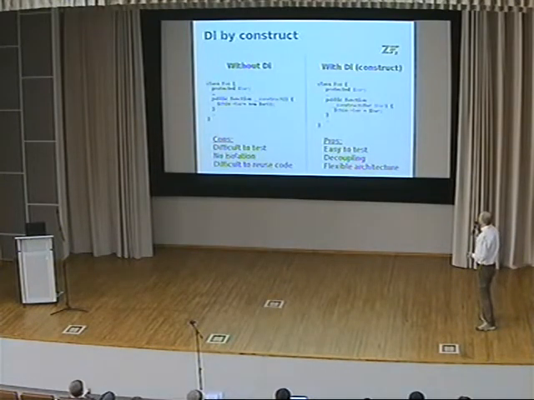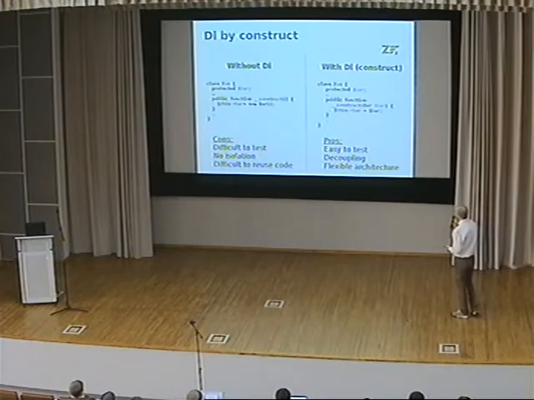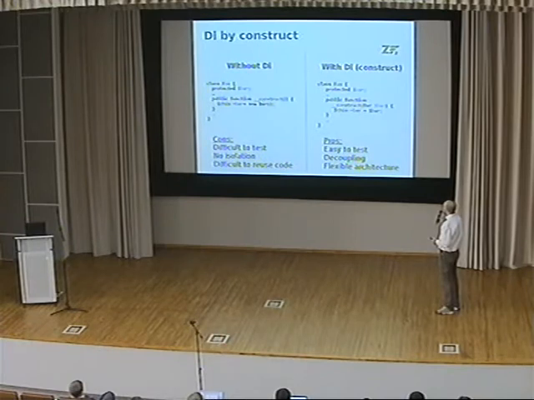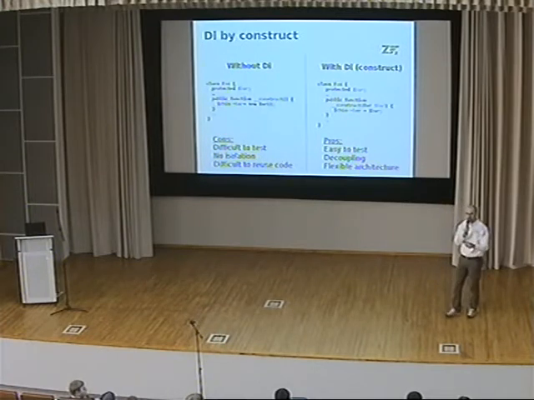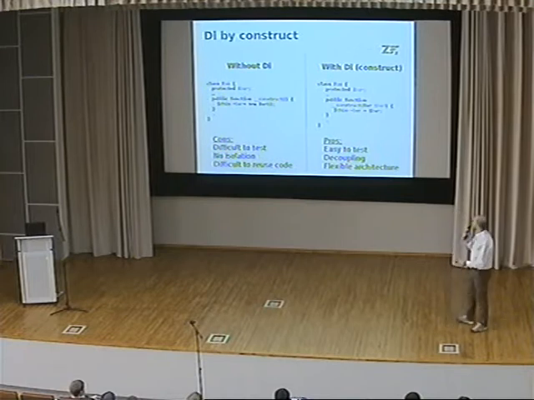Okay, here we have an example. For instance, we have a class foo, and in the constructor of the class, we instantiate another object with the class bar. So this is without DI. Where is the problem here? Basically, you have to remember that you have in your constructor the instance of a new class, because it's hard-coded.